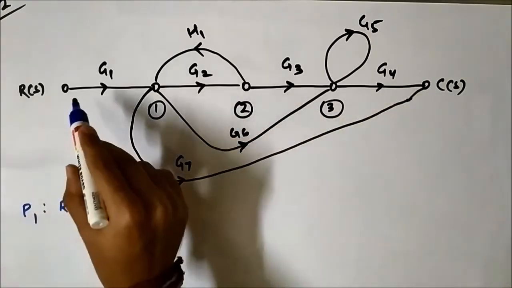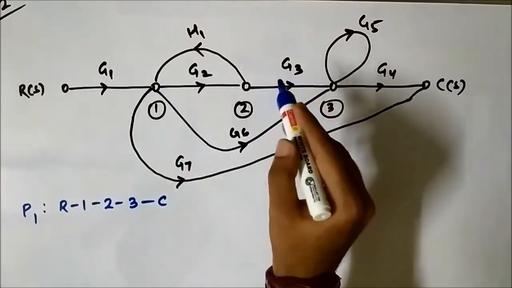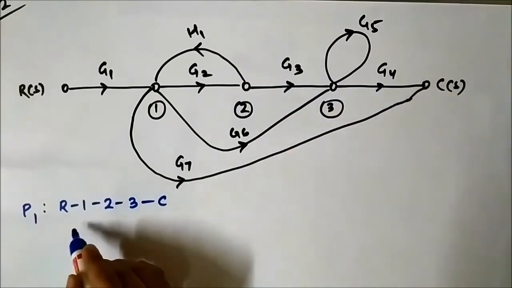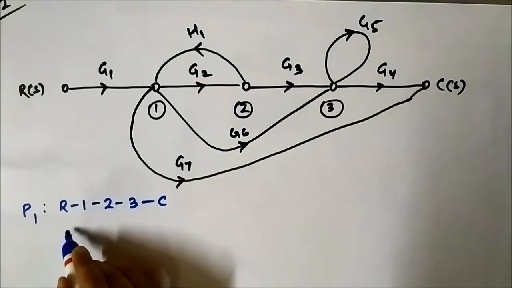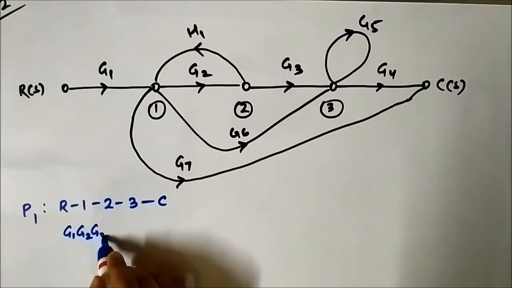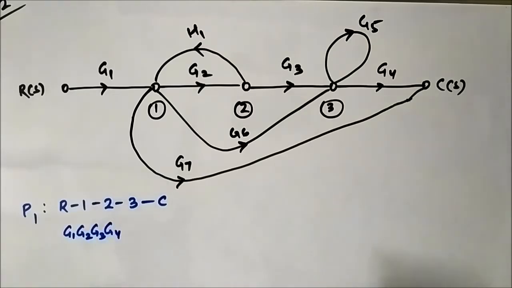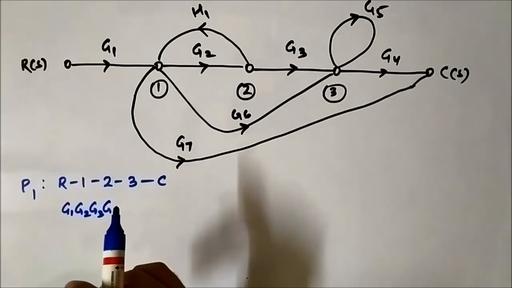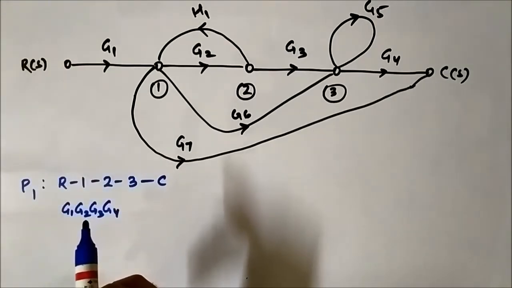The gain is the product of the individual branch gains, G1 into G2 into G3 into G4. Let us see if there is any other forward path.